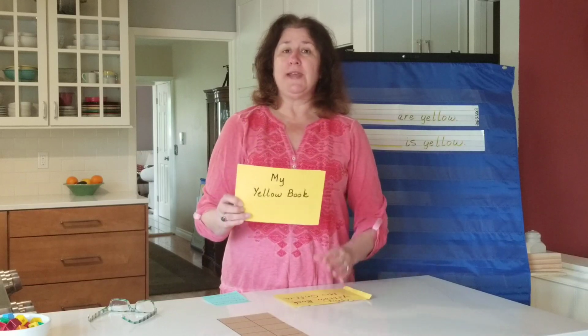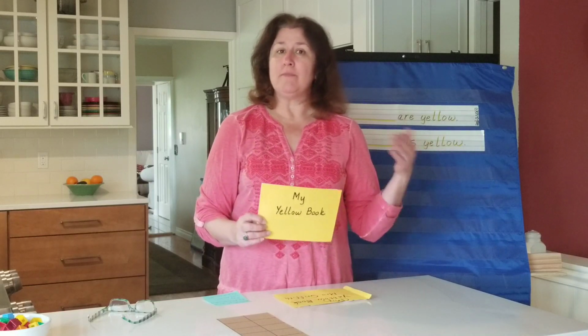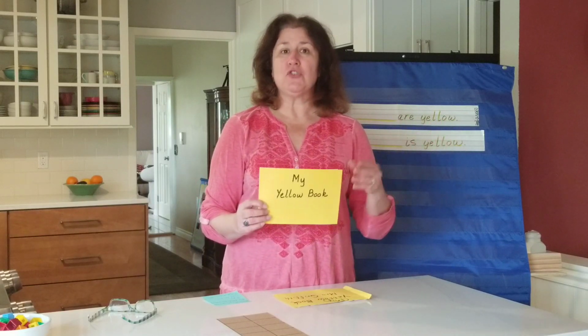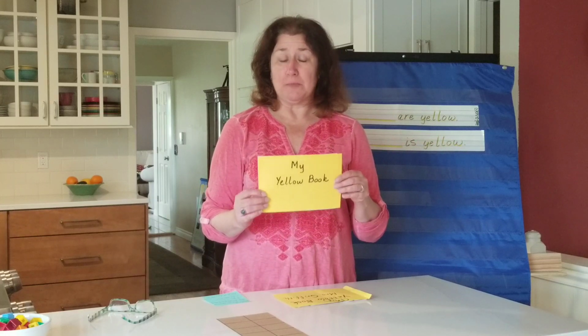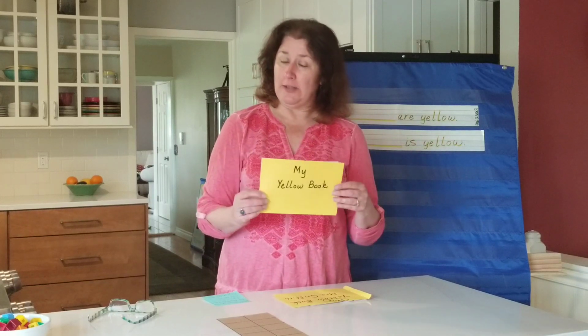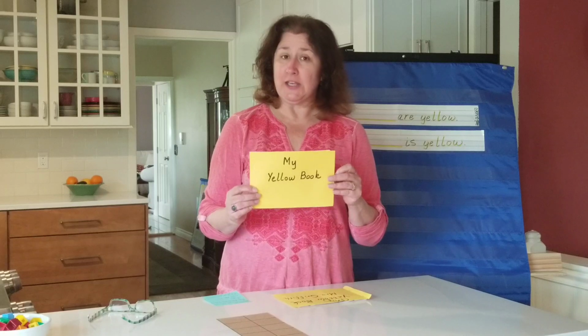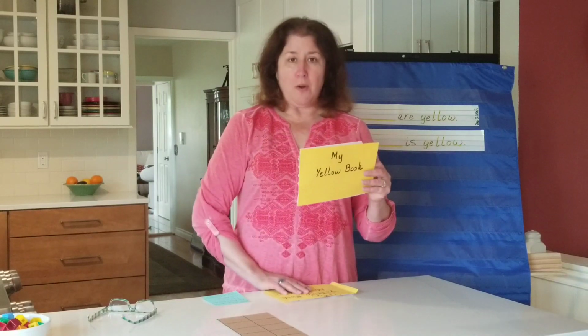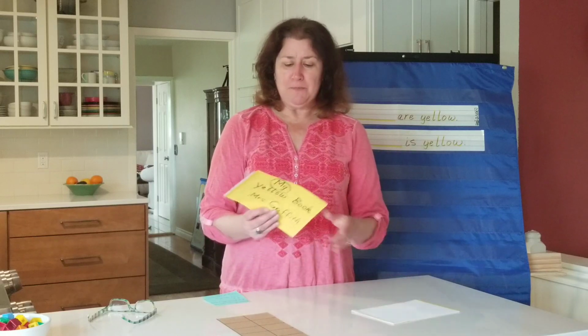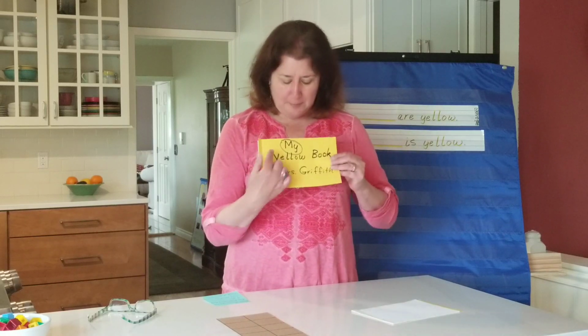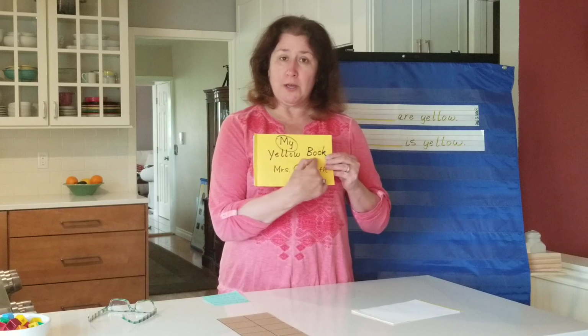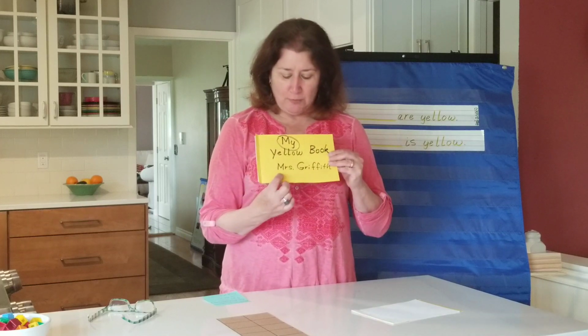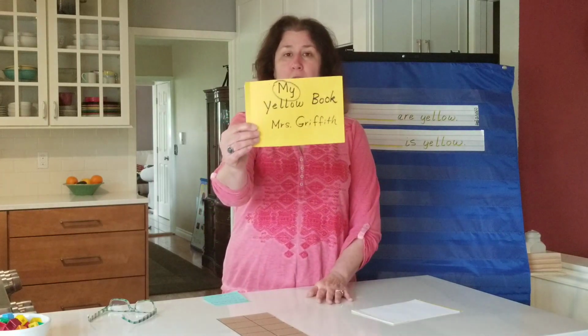We're writing about things that are yellow because yellow starts with the letter Y. Okay, that's our letter of the week, Yeti Yo-Yo's letter. So for my example, I have My Yellow Book, and I wrote Mrs. Griffith on it, just so I know it's mine.